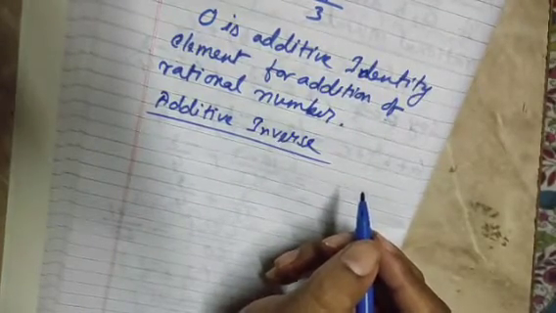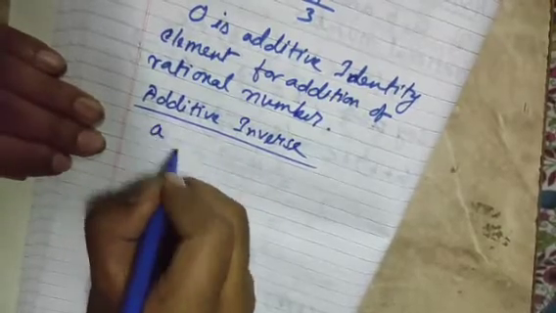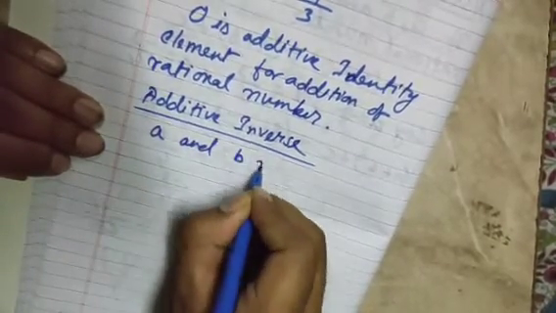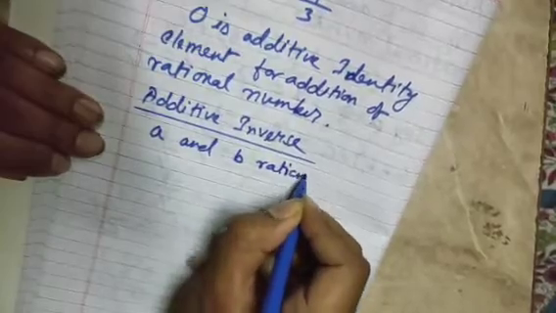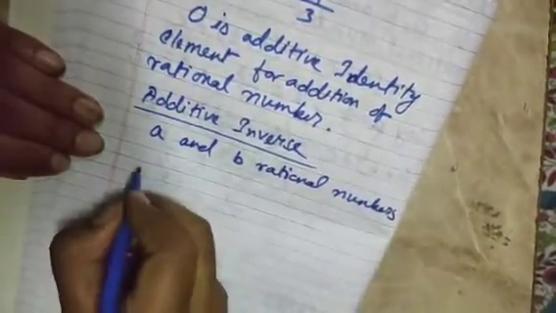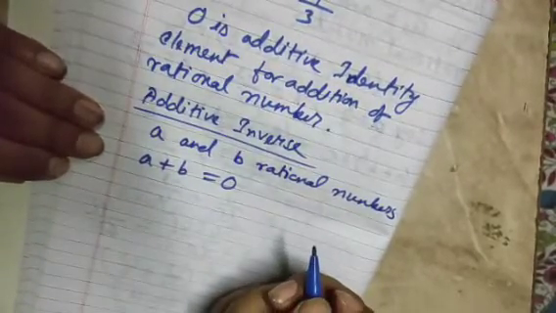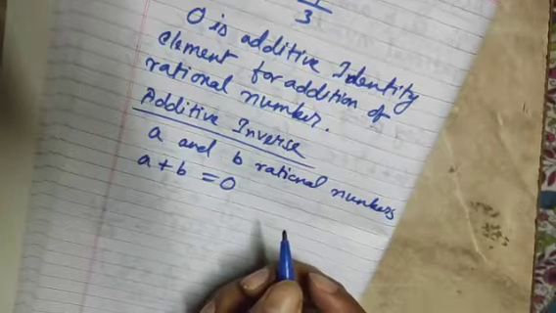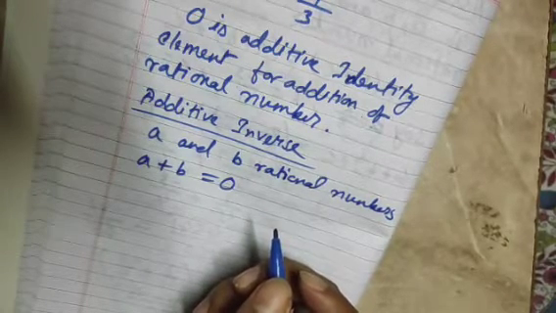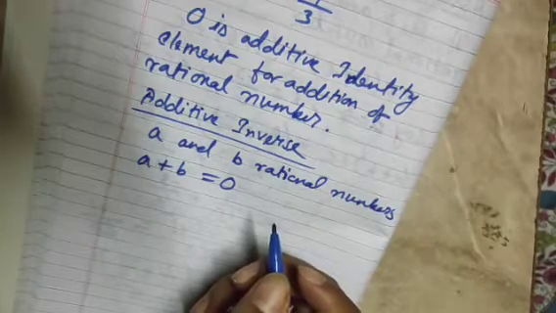So what is this? When two rational numbers are added, suppose a and b are two rational numbers, and if a plus b gives 0, then each number is called the additive inverse of the other.